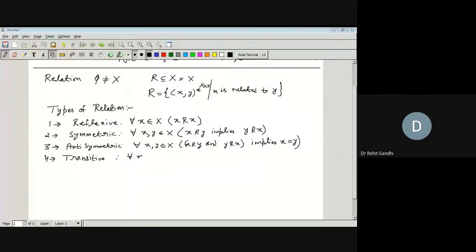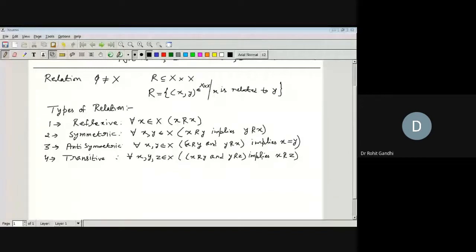Here we are taking three elements. If x is related with y and y is related with z implies x is related with z, then we say that our relation is transitive. We have seen a number of examples in which the relations are reflexive, symmetric, transitive, sometimes not symmetric, sometimes not antisymmetric.